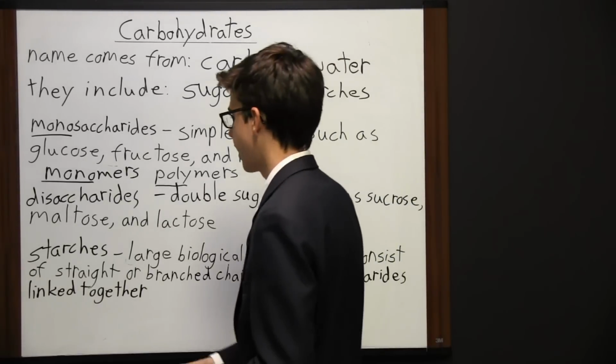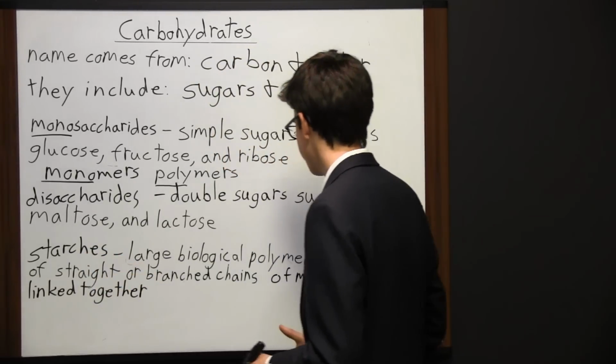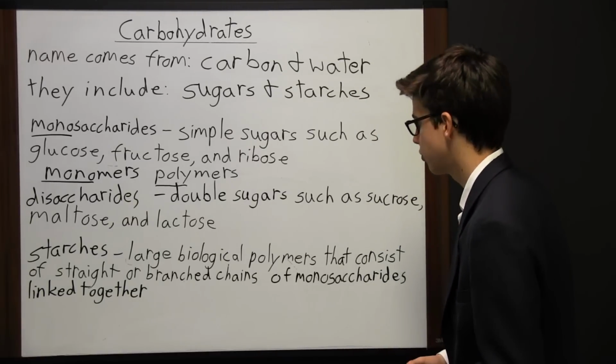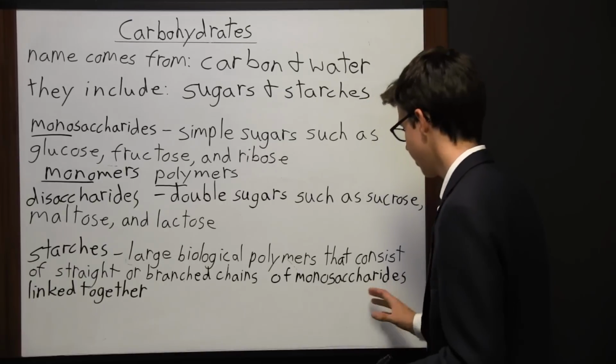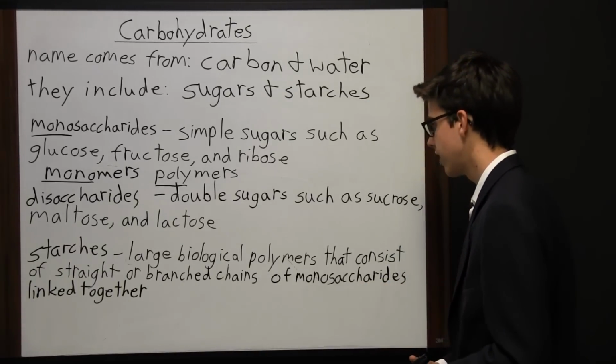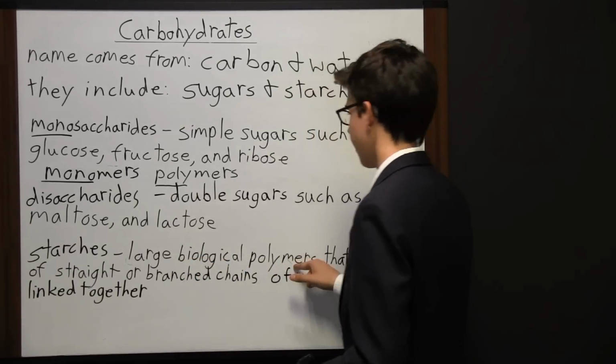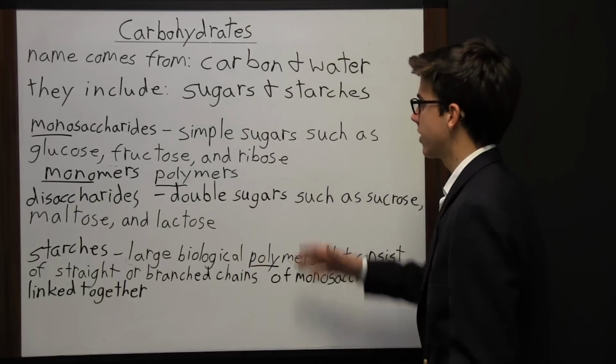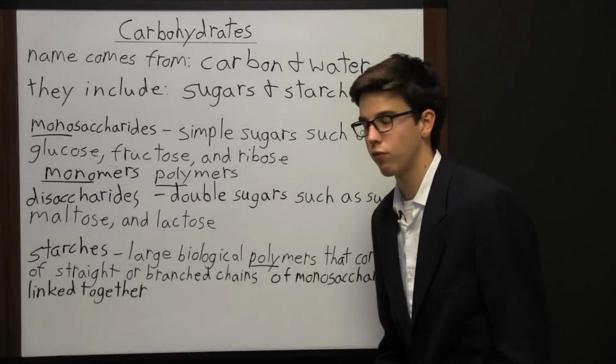Now the third type of carbohydrate is starches, which are large biological polymers that consist of straight or branched chains of monosaccharides linked together. So let's go ahead and break that down because that's kind of complicated. So these are large biological polymers. So we see that prefix of more than one. And remember, I talked about these being monomers. They're going to join together to form the polymers.